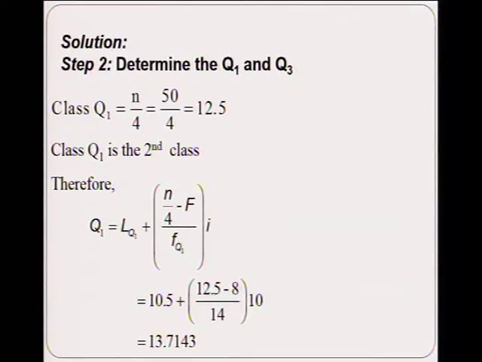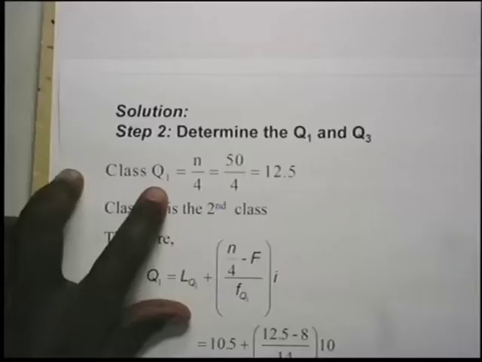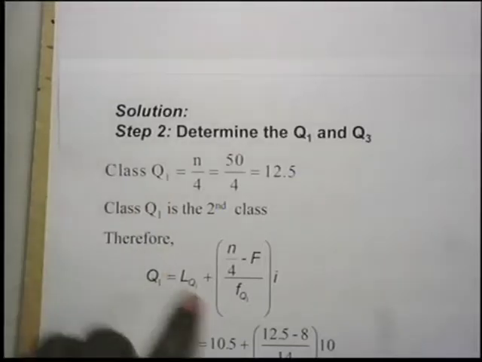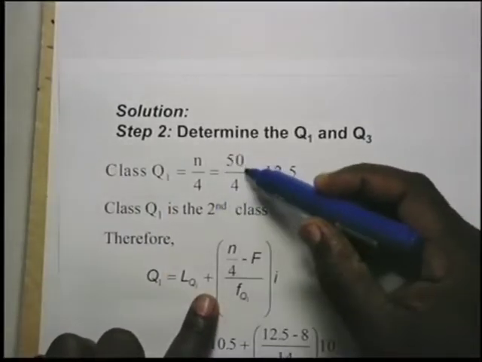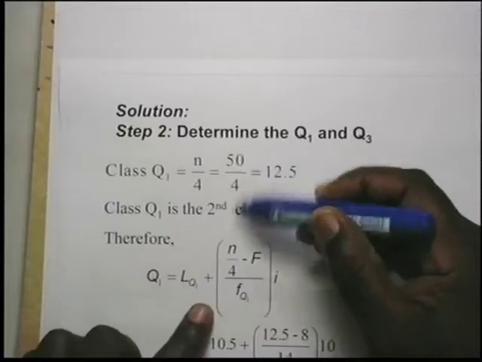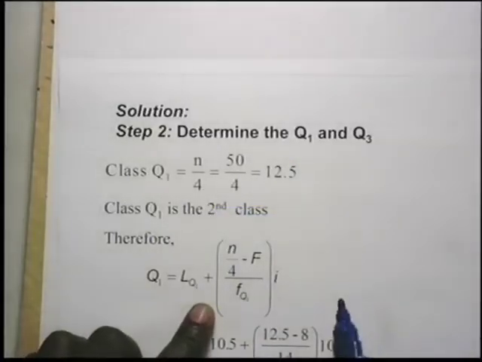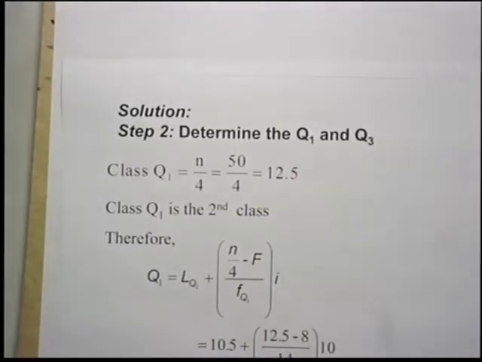Let's go to our formula and see how we can come up with a solution to this. We want to determine Q1 and Q3. For the class of Q1, we have to divide the total number of elements, which in this case is 50, by 4, since we said the array of data should be divided into 4 equal parts.